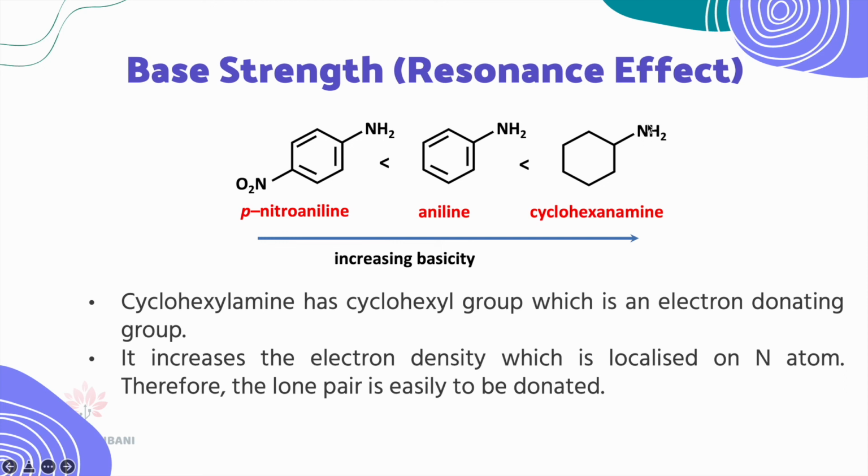It increases the electron density at N, localized on N. Localized means the lone pair is assigned there and it's not going anywhere. So it increases the electron density on the N, therefore the lone pair is easily donated. It can easily attack the H+. So this cyclohexanamine is the most basic because it has an R group. The electron donating group can donate electron to the N.